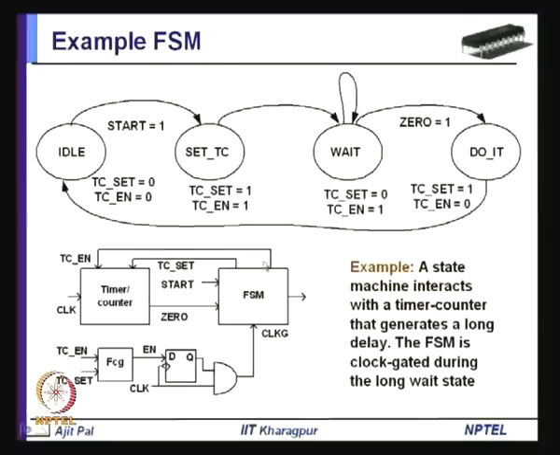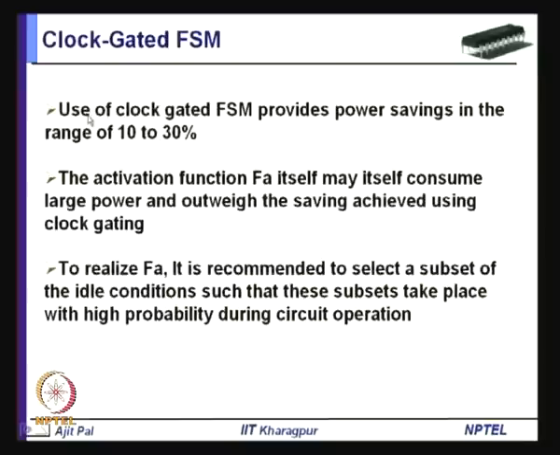So, there is power saving in this finite state machine, and also there is power saving in this part of the circuit which the FSM is driving, because there is no transition here, and you can inhibit the inputs to the succeeding stage with the help of this output. So, this is an example of a clock gating FSM. Use of a clock gated FSM provides power savings in the range of 10 to 30%.